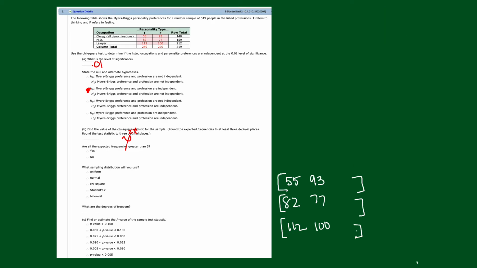Now we're ready to run the test. So we know what to do here. We're going to go to Stat, over to Tests. Now you have to scroll down quite a ways. It's item C, and it says chi-square test.